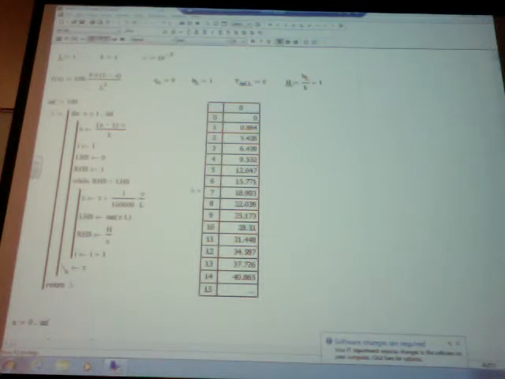I'm making L equal 1, the length, conductivity equal 1, and diffusivity equals 10 to the minus 3. Thermal diffusivity for whatever material this is being conducted in. Q0, I'm making 0, so the flux on the left is 0. The film coefficient or heat transfer coefficient H, I'm making it 1. And T infinity, I'm making 0.